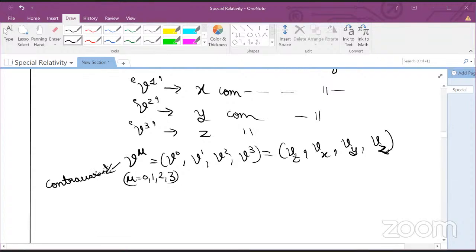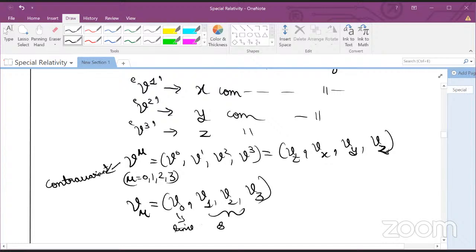But if we write the covariant vector, it is the same, but the index is written below. So it will be V sub 0, V sub 1, V sub 2, V sub 3. So this is the time component.